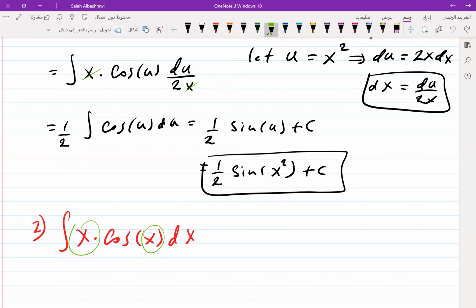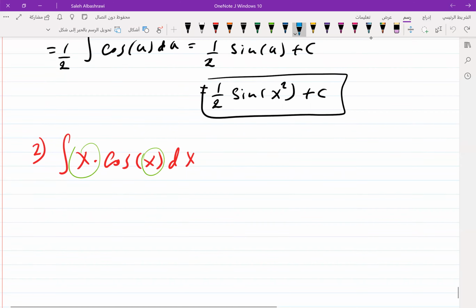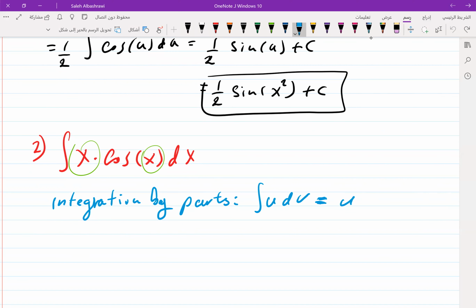To explain this in detail, integration by parts says that the integration of u dv is equal to uv minus integration of v du.